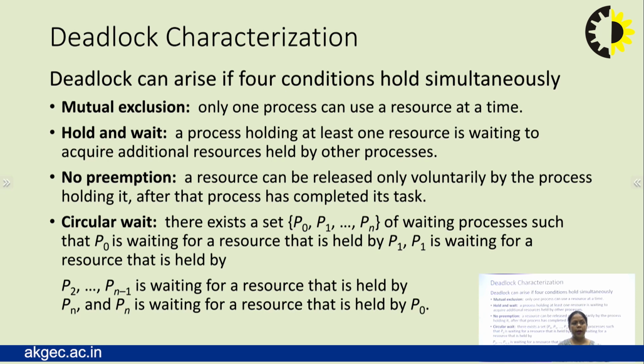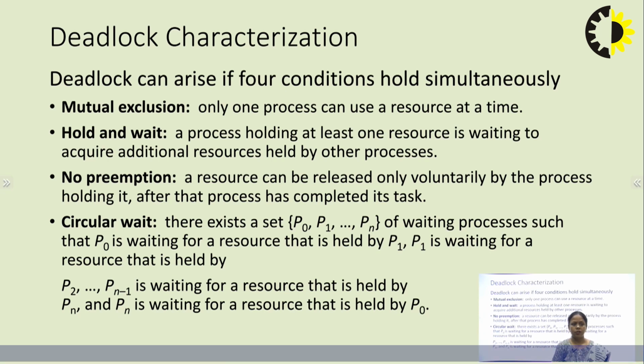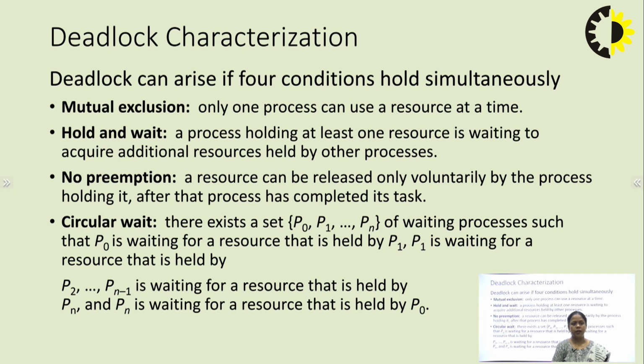Second one is hold and wait. A process holding at least one resource is waiting to acquire additional resources held by other processes. Fine. These types of processes cannot start their execution because they don't have sufficient resources, but they hold some resources. They are not releasing the resources and are waiting for other resources.